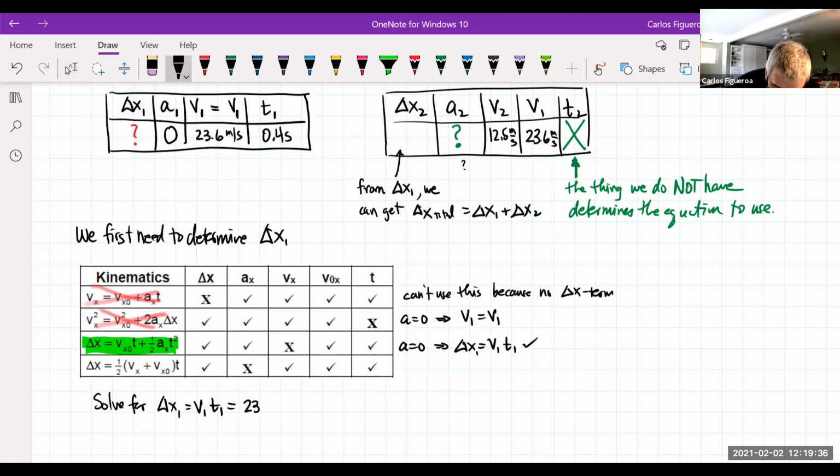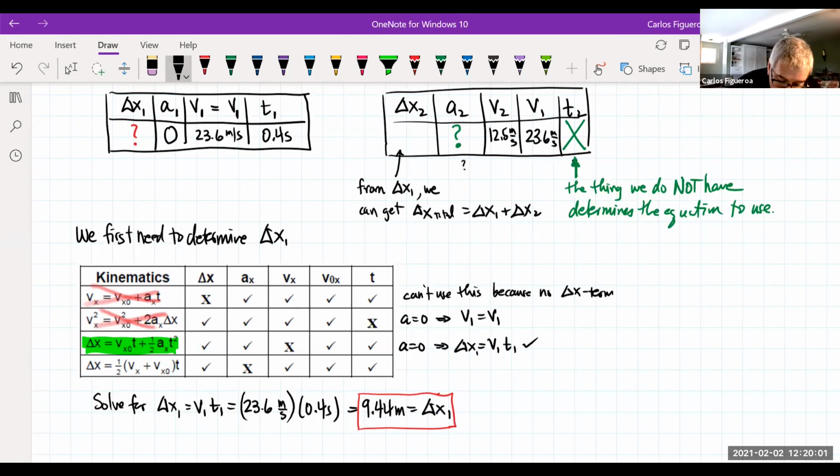It's 23.6 meters per second times 0.4 seconds. If I calculate this, what you're going to find is that I end up getting a value of 9.44 meters for delta x1. So I now know what the distance is.